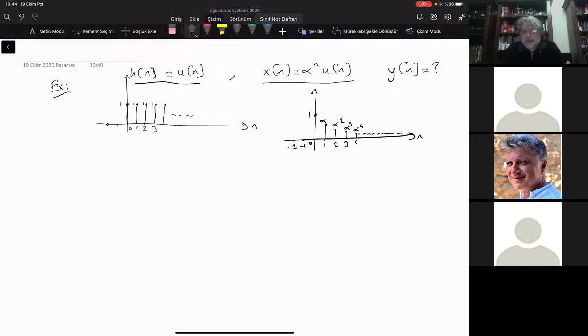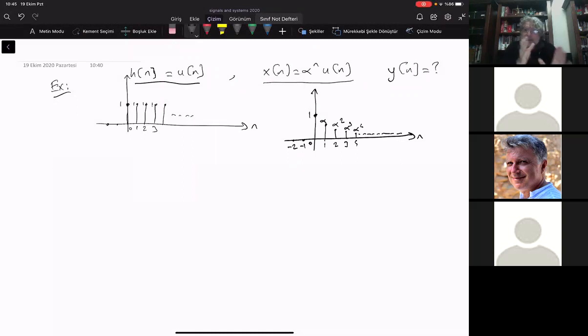So I will stop at this point, but I will give you this one as an exercise or a rumination question where you have to think about it. Try to visualize what happens if I flip around h of n and slide it on the other one. What kind of outputs will accumulate? It will be a summation of some numbers. Those summations will have analytical formulas from power series that you have seen in calculus courses.